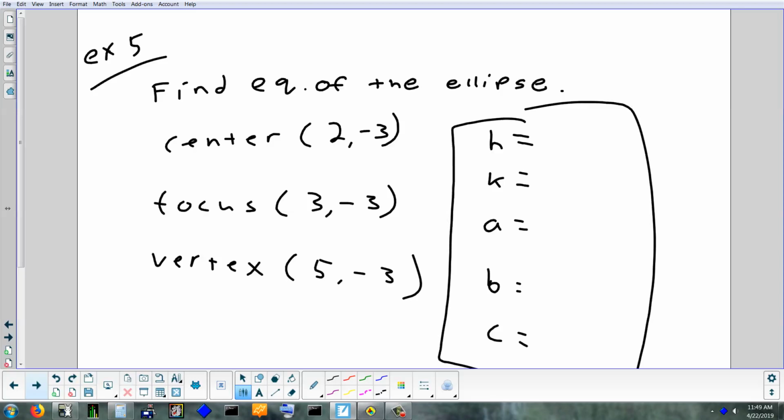Okay, h and k. Yep. What's h? 2. Yep. And k? Done. Those 2 are done. So as far as extra work, that's it. Now we're going to do this just like we would any other problem. Find a, b, and c just like always.